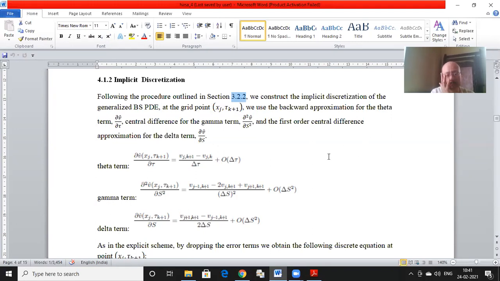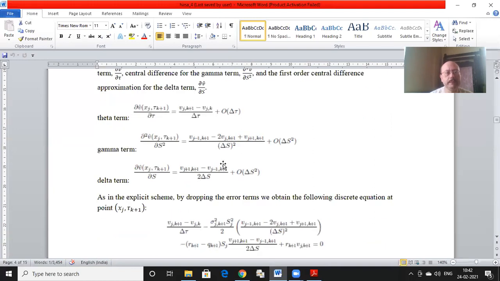So for the theta term, del v hat del tau, we are going to go backward. So I start from one step to the right. Again, I use the central difference for the second derivative and the first order central difference for the first derivative with respect to stock price. So if we use our backward approximation for theta, then my del v hat del tau will be given by this expression here.